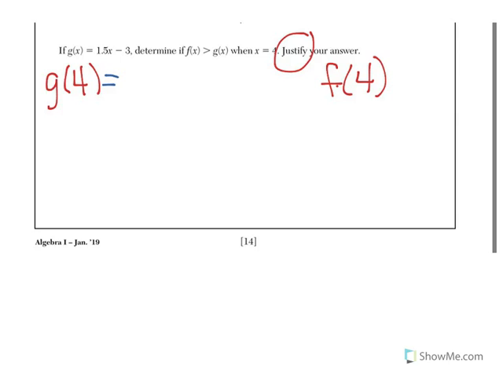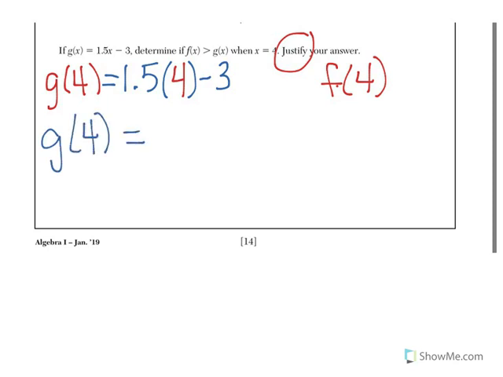To find what g of 4 is, I'm just going to use the formula that they gave me and substitute 4 in for x. When I do that, I'm going to find that g of 4 equals 3. And I already know what f of 4 is because I did that on my graph and I looked at my table. f of 4 is 9.